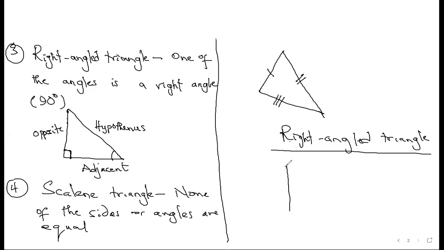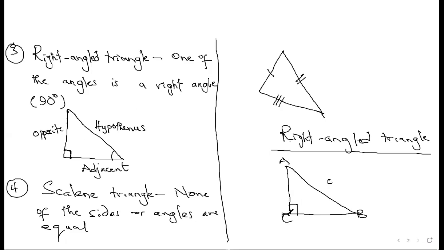So what do I mean by that? If you have a right angle triangle, the relationship between the three sides is given by the Pythagoras theorem. Let's say you have this triangle labeled as ABC, for example.